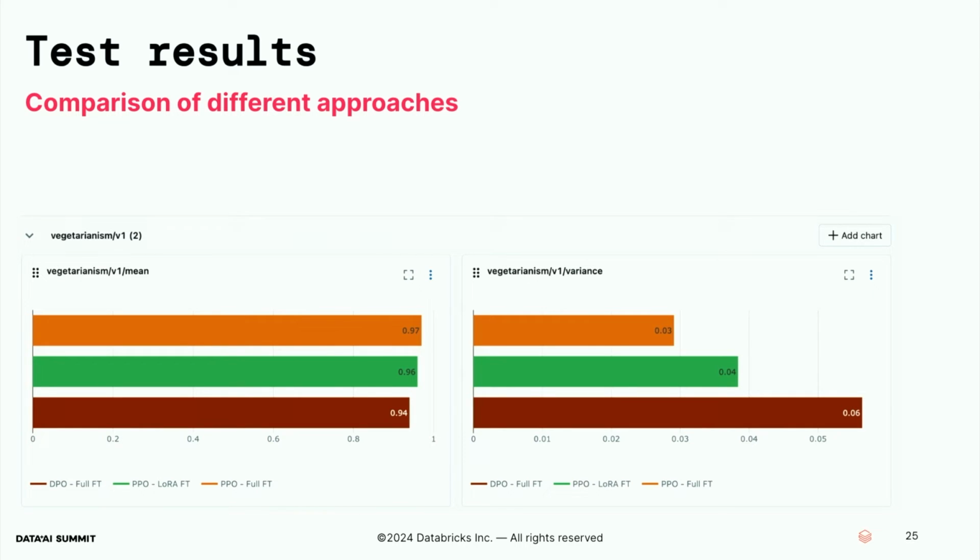So here are the results. As I mentioned, we have generated 10,000 questions and used them for the PPO and DPO tuning. You can see that full fine-tuning with PPO gives the best results, closely followed by LoRA, and the difference to DPO is very small.